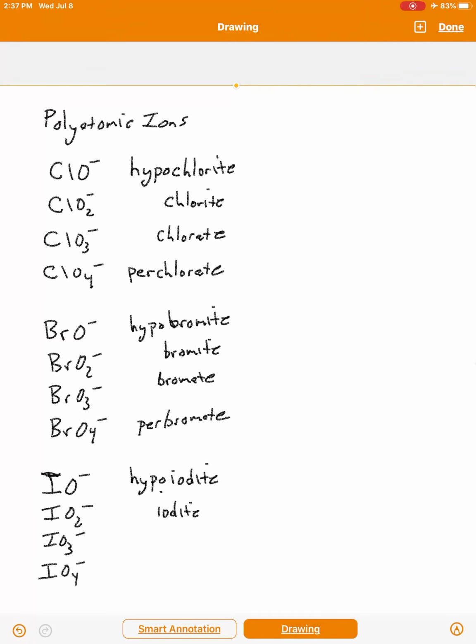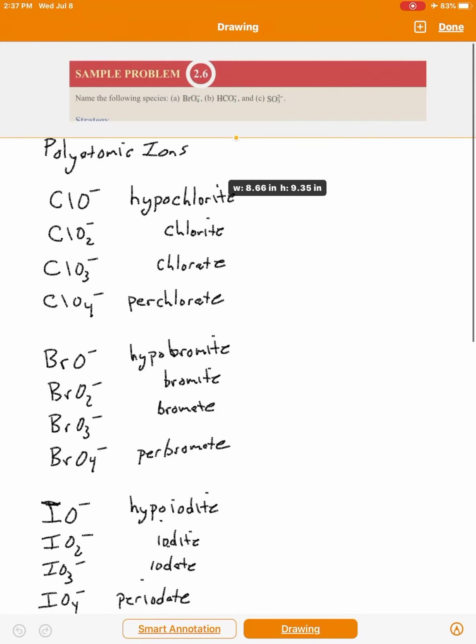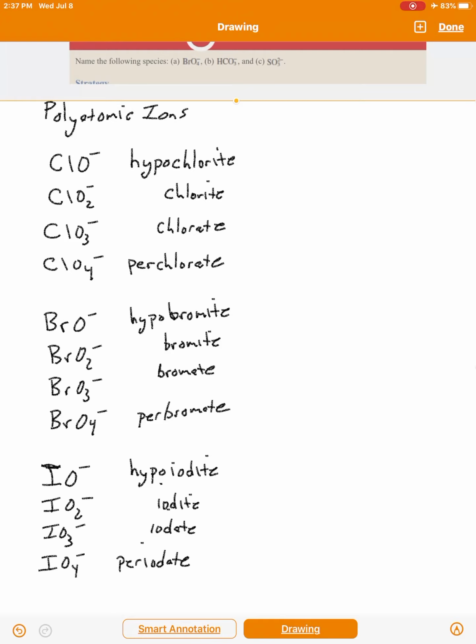Third one, you change the ending to ate, iodate. Fourth one, you add the per, periodate. Okay? These are all ions, so technically you would call it the hypochlorite ion, the chlorate ion. So our first one in part A is BrO4 minus. That's the perbromate ion.